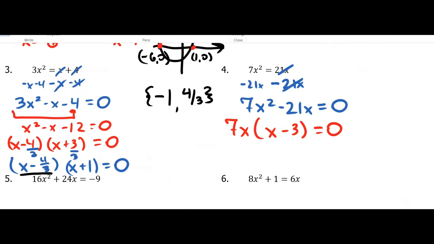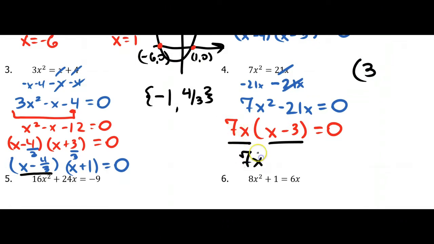Okay, so in this case, I've really got two expressions. I've got 7x times the quantity x minus 3. Okay, so this x minus 3 here is going to give me one solution of positive 3. My other solution, though, I'm going to get from this 7x. If we take the expression just 7x, okay, there's no plus or minus anything, and set that equal to 0, the only way to get this part equal to 0 is if x itself is 0.